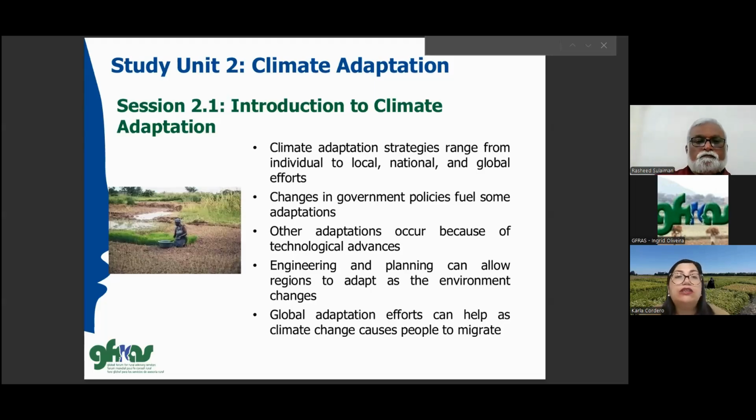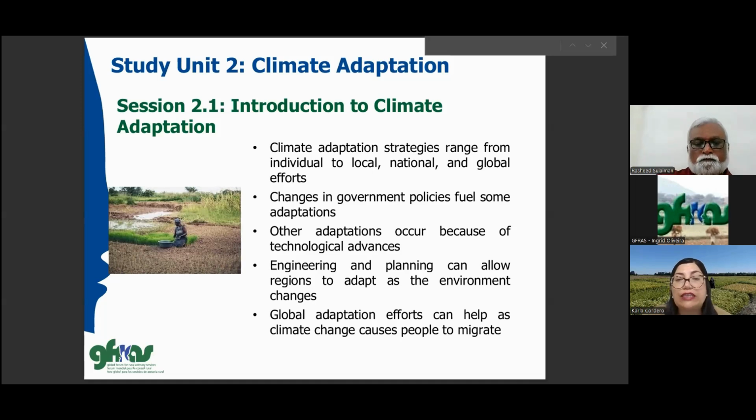In study unit 2, we're going to have three sessions. Session 1 is the introduction to climate adaptation. We're going to cover all the strategies, ranging from individual to local, national, and global efforts. It's important that everyone gets the knowledge to prepare farmers for this reality.